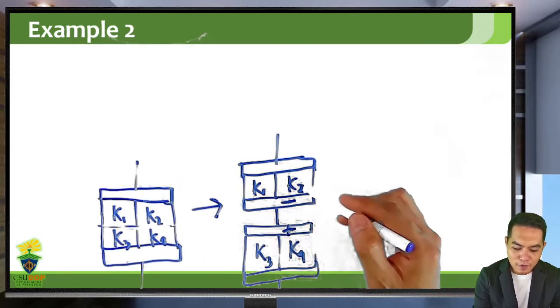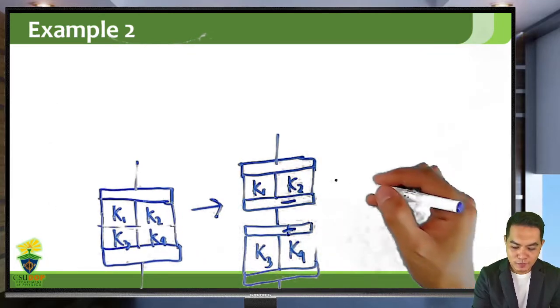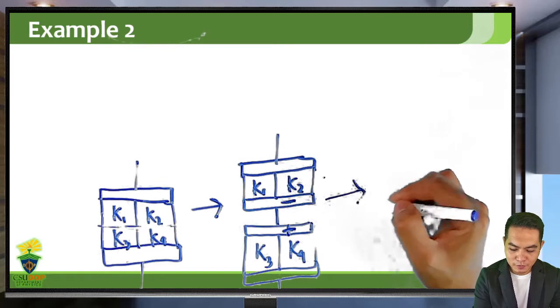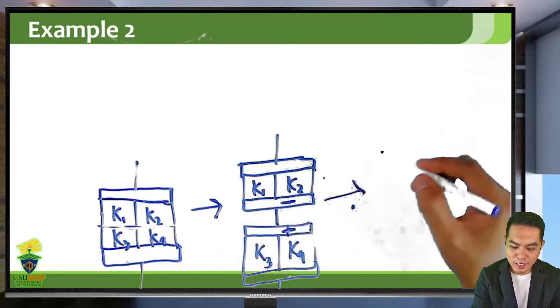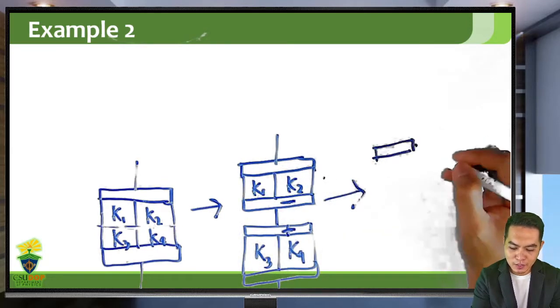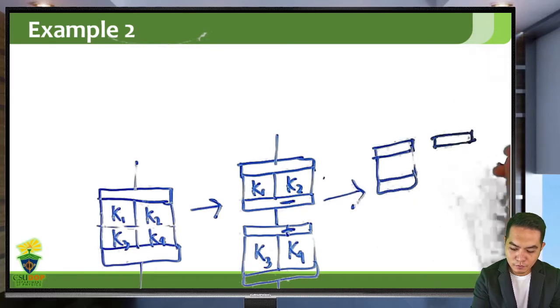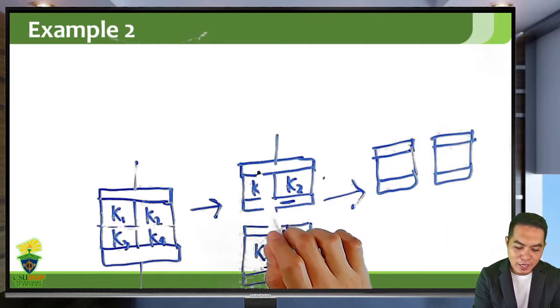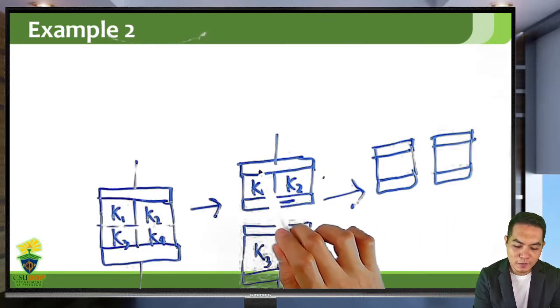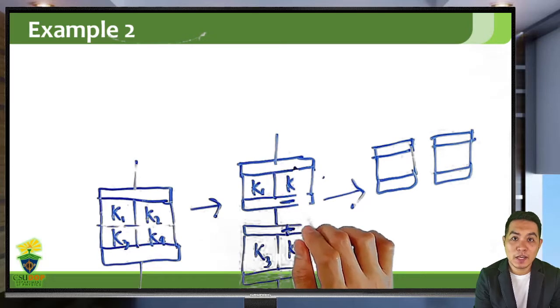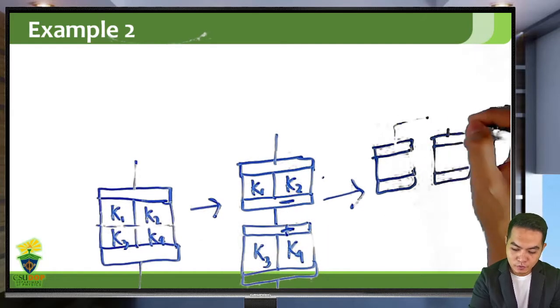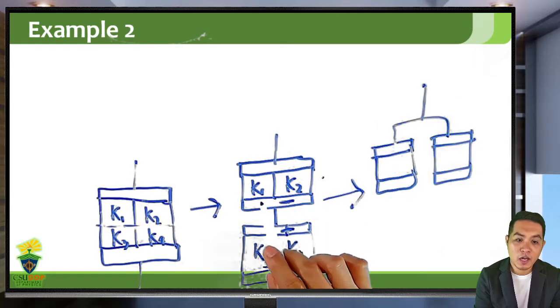Now, furthermore, this capacitor is actually just two capacitors in parallel, rather, because the top plate of C1 is connected to the top plate of C2. Same goes for the lower plates.